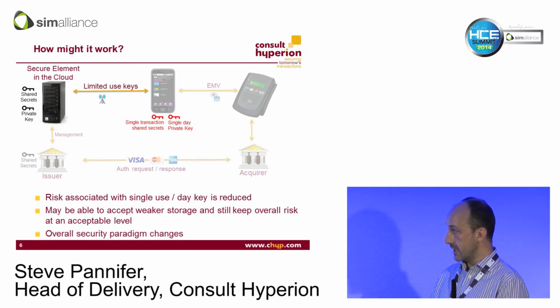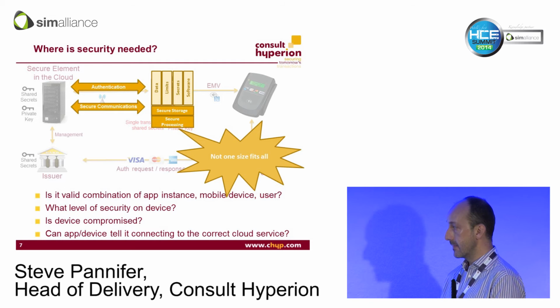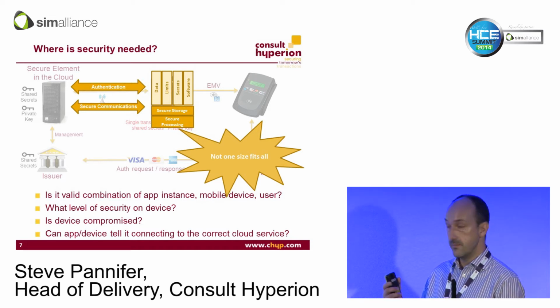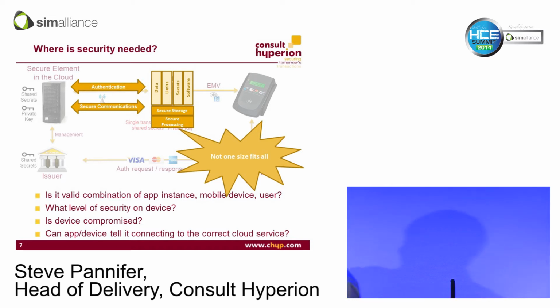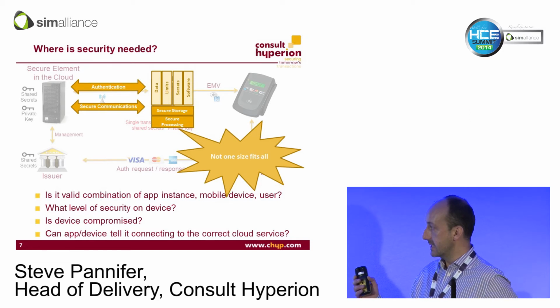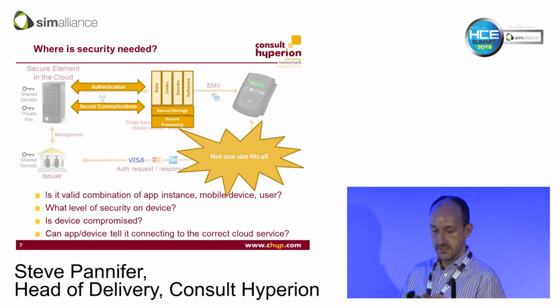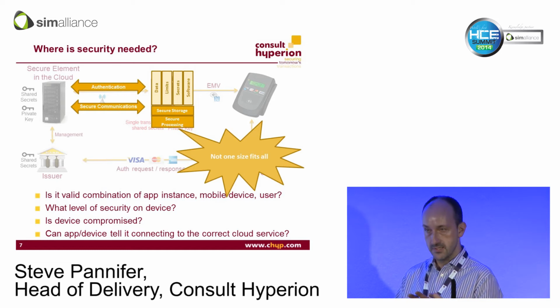So having thrown the secure element away, where might the security be needed? In this diagram here, these light-coloured boxes are meant to represent the information assets that we're protecting within the mobile payment application. And there's, broadly speaking, 4 different things. There's general configuration data, so general business data about how the application works.